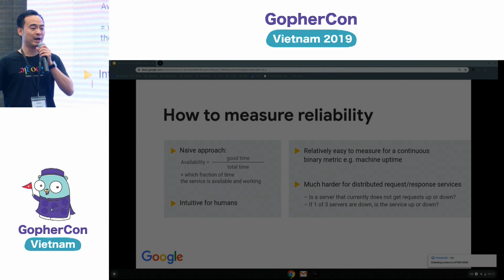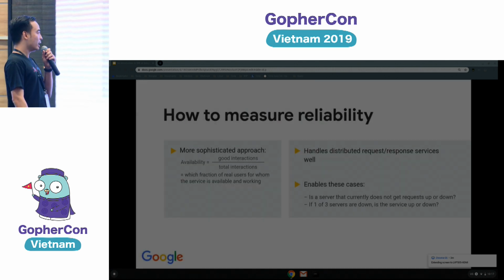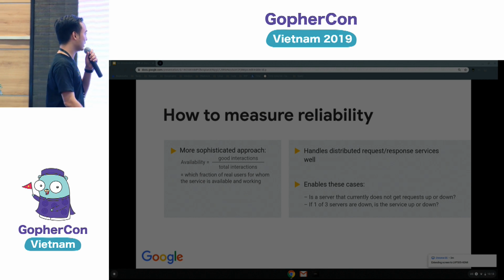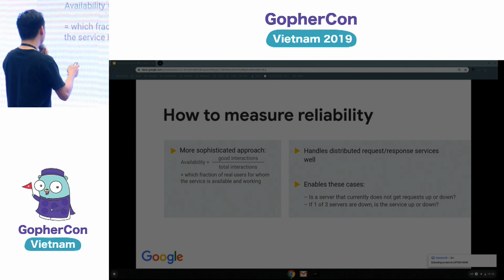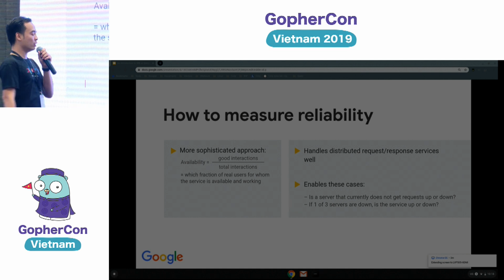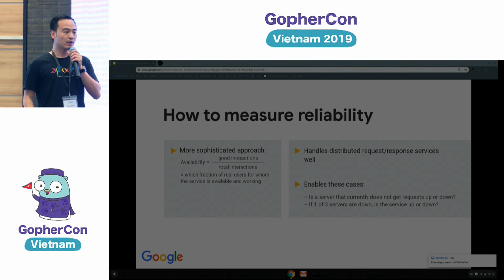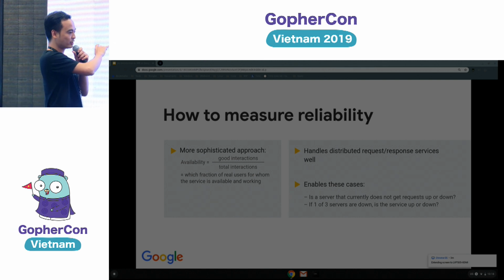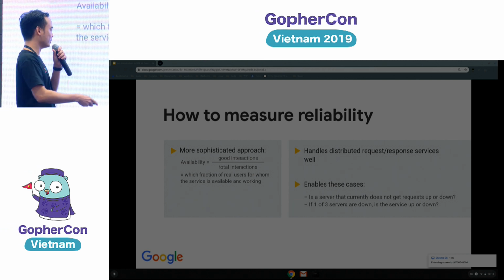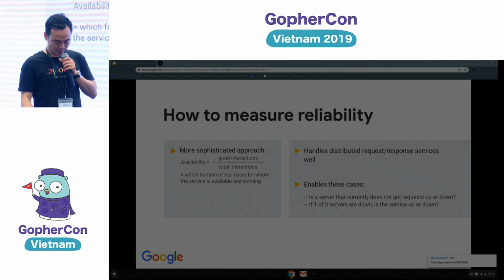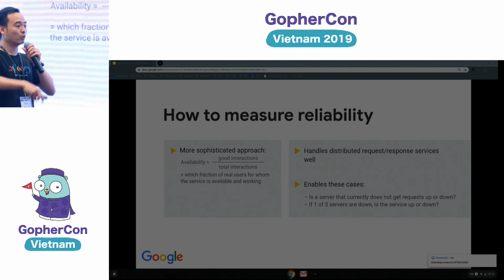Do you think the service is up or down? So with SRE, we come up with a more sophisticated approach. We use good interactions over the total interactions. With these interactions, we solve those cases and more complicated cases, for example, server requests being up or down, or how many servers are down in a total server farm.